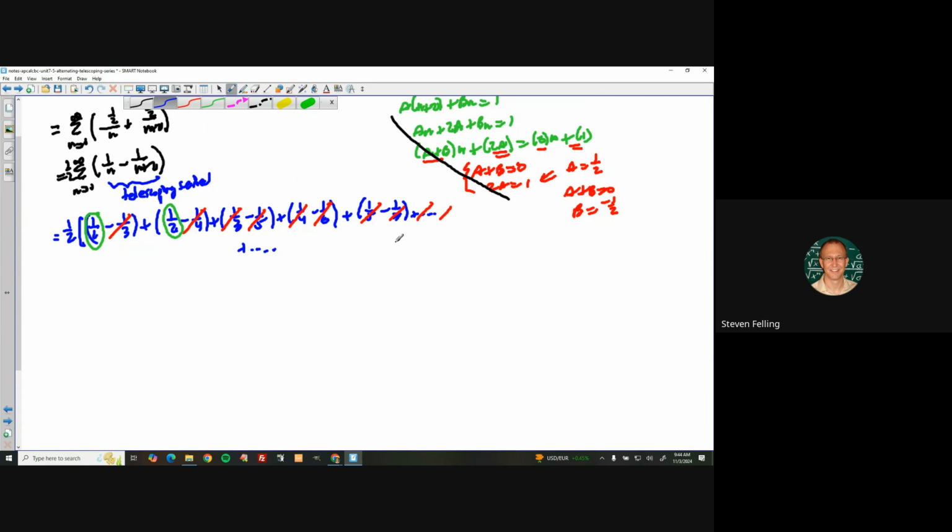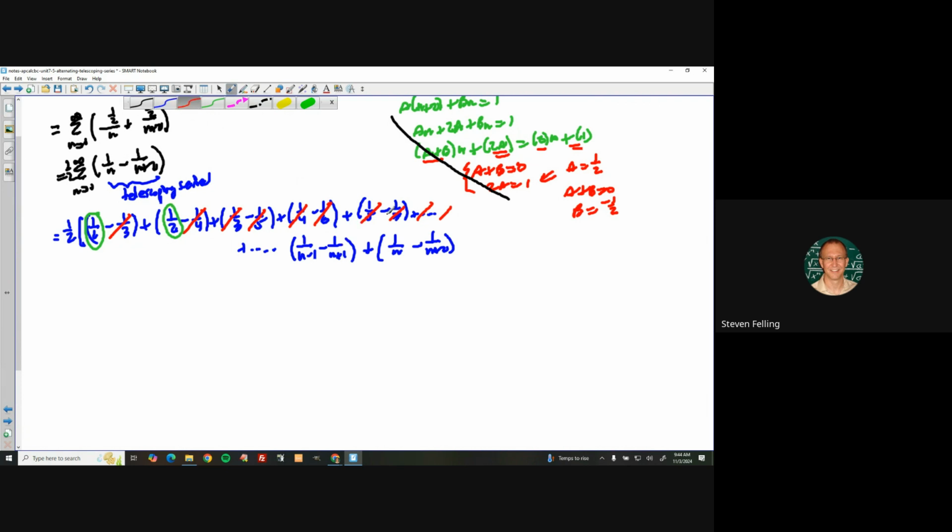So let's say we stop at the nth term. This term is the rule itself, 1 over n minus 1 over n plus 2. That's the last term. And then since I had 2 of these, I'm going to write another term, which is the one right before that, 1 over n minus 1 minus 1 over n plus 2 minus 1. So that is n plus 1.